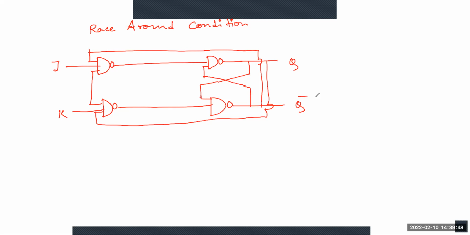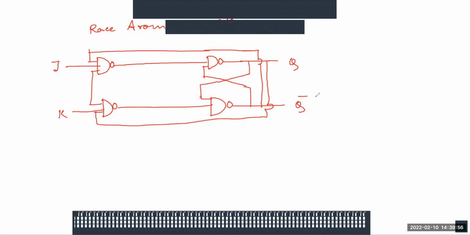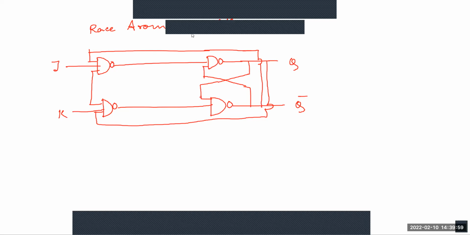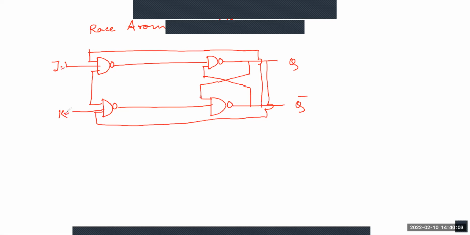Now, what is the racing condition or race around condition? Here we are considering J equals 1 and K equals 1, the clock is also 1, and we assume Q equals 1 and Q bar equals 0.